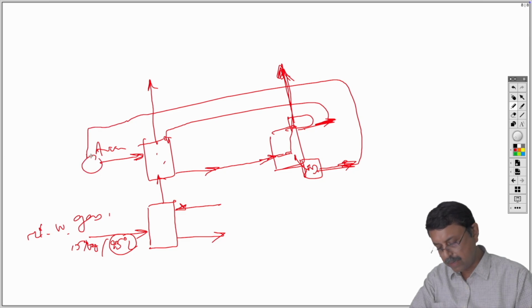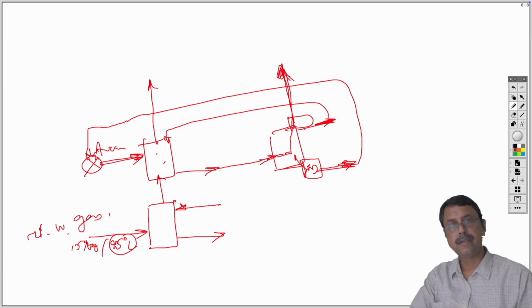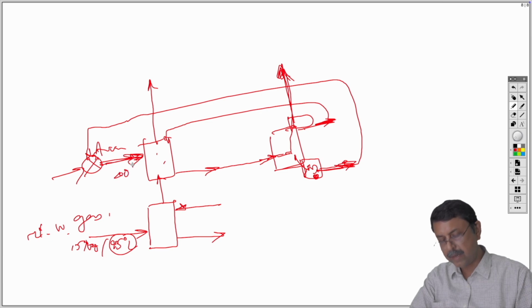So here we will use a kind of mixer. Okay, so we'll mix the stream with the inlet, whatever amine we are passing through. So this is the recycle stream, and this stream will be very hot because it is coming out from the reboiler, and this stream is coming at 40 degrees centigrade, right? So we have to cool it down with a cooler.